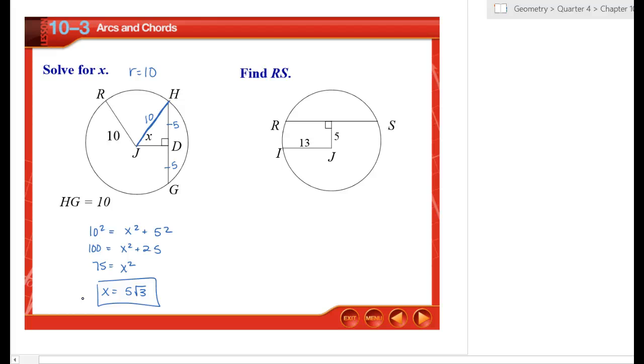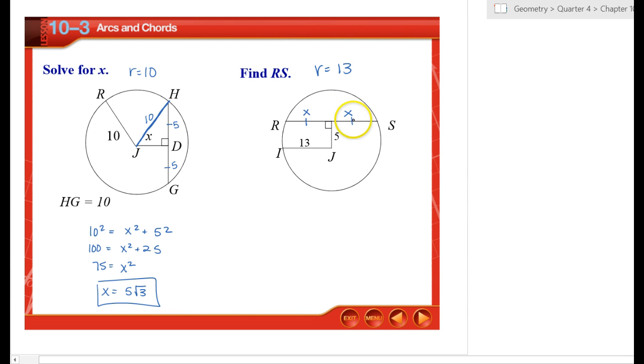Okay, find RS. Well, again, perpendicular means that's cut in half. I know the radius is 13. But I want to redraw the radius so I can figure out what RS would be.